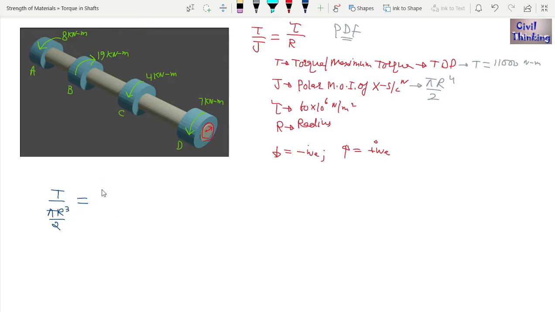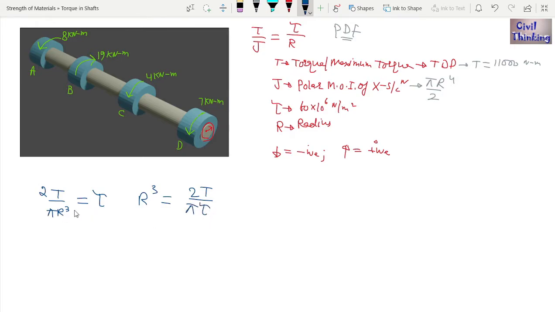And this is tau here. Now 2 will go up like this. Now r cube will go here, so what we find is r cube to be 2T divided by pi tau.